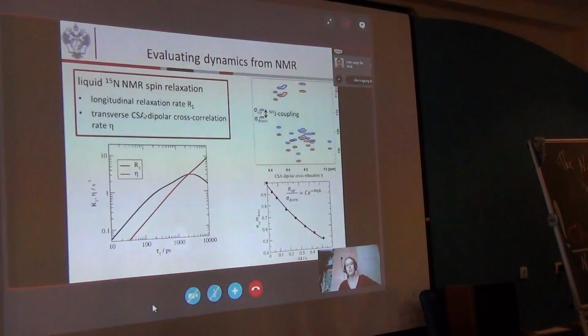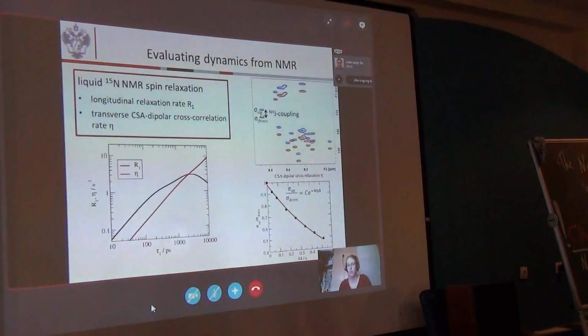We determine this cross-correlation rate beta with a proton-coupled HSQC type spectrum, in which we observe for each NH 2 peaks, which are separated by the NH J coupling.